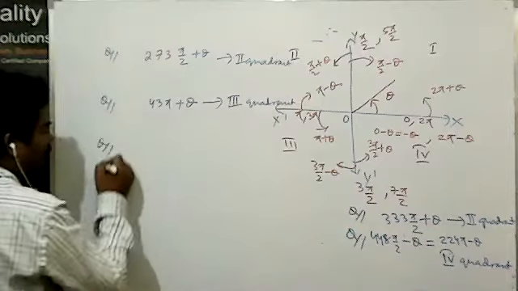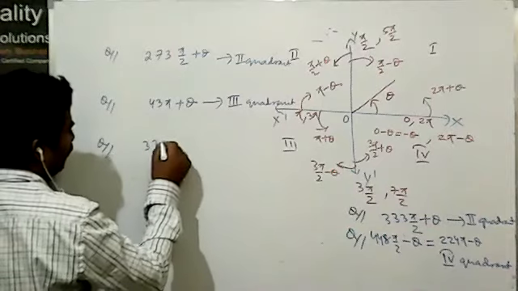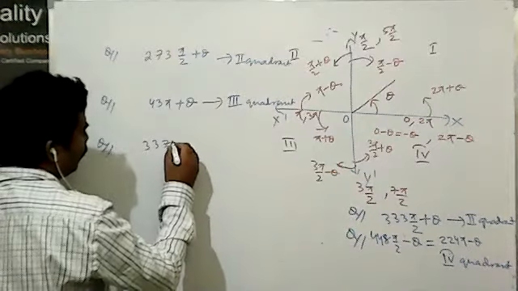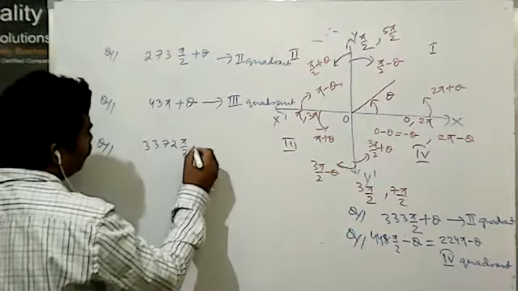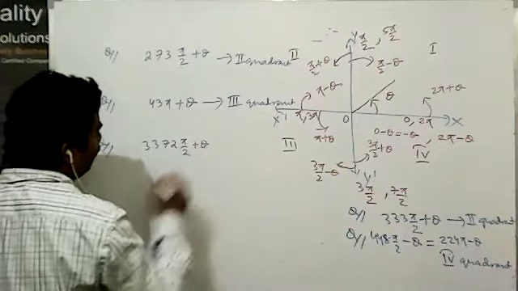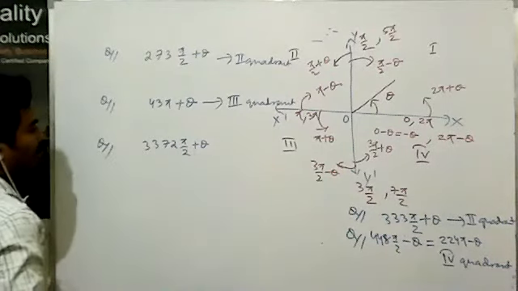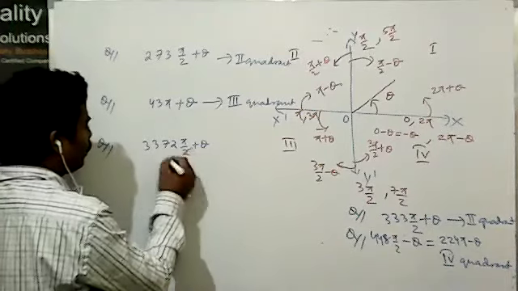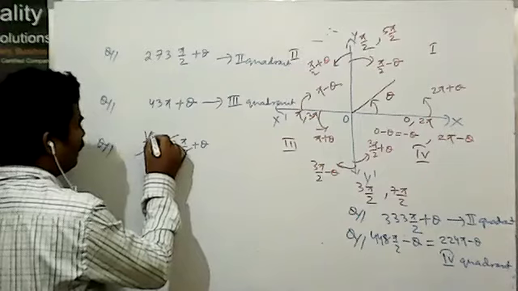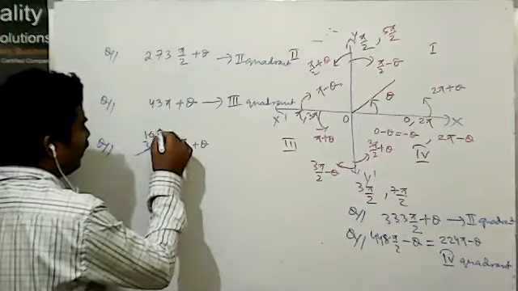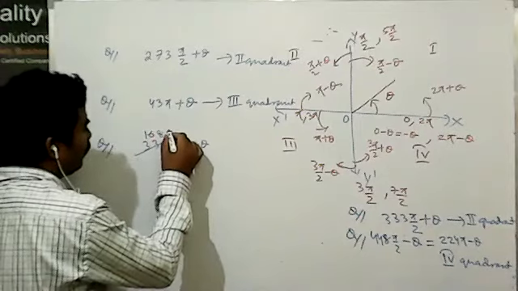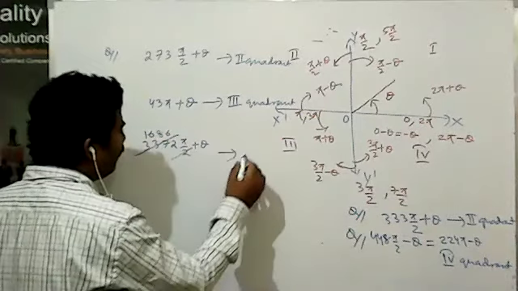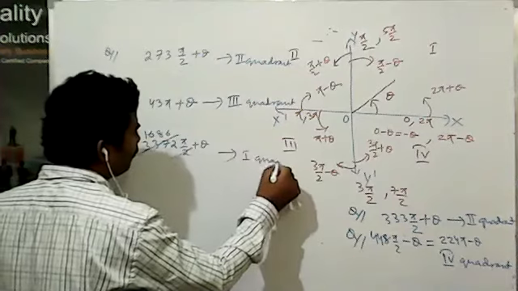Next question: 3372 pi by 2 plus theta, which quadrant? 3372 divided by 2 gives 1686, that is 843 pi. Even pi plus theta, so that is the first quadrant.